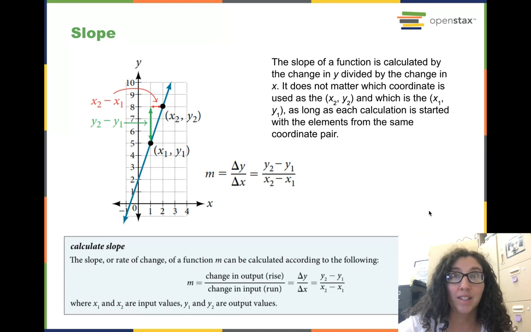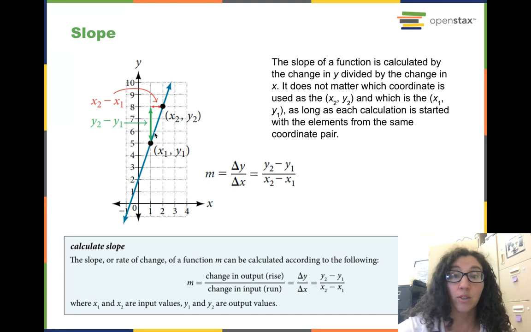So the difference between those three cases is the slope of our line, right? So the slope of a function is calculated by the change in y. Sometimes you write it with a delta, this little triangle: delta y divided by the change in x, or delta x, right? Delta y over delta x, change in y over change in x. So if we have 2 points, (x1, y1) and (x2, y2), it doesn't matter which we call 1 and which we call 2.